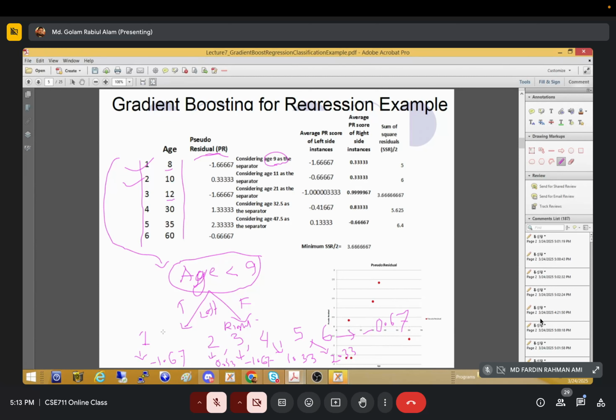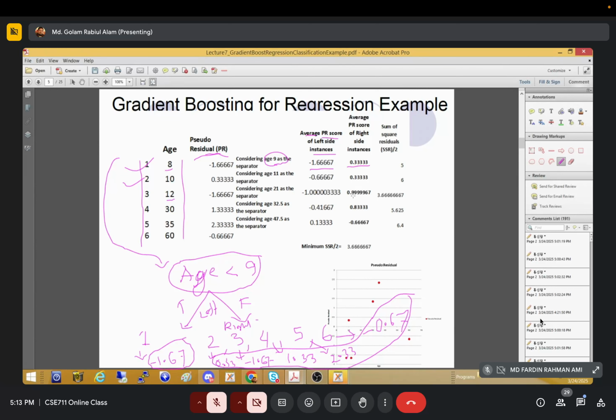So we find the average pseudo-residual of the left side instances, and we have just one instance, so the average is negative 1.67. And we find the average of the right side instances: sum them up and divide by 5. Then you will get the average pseudo-residual of the right side instances, which is 0.33.